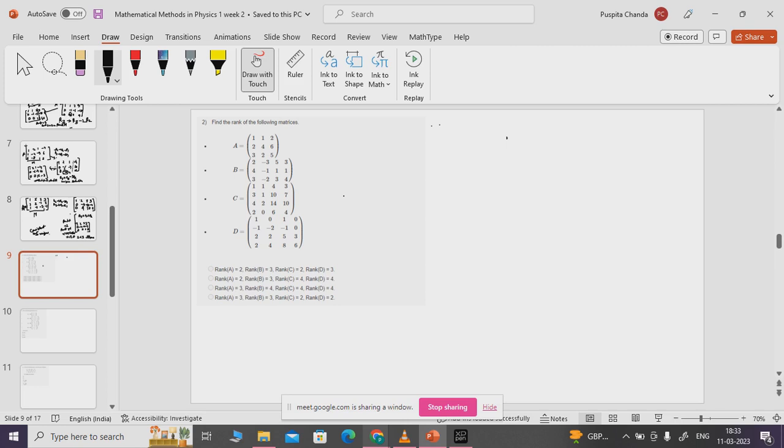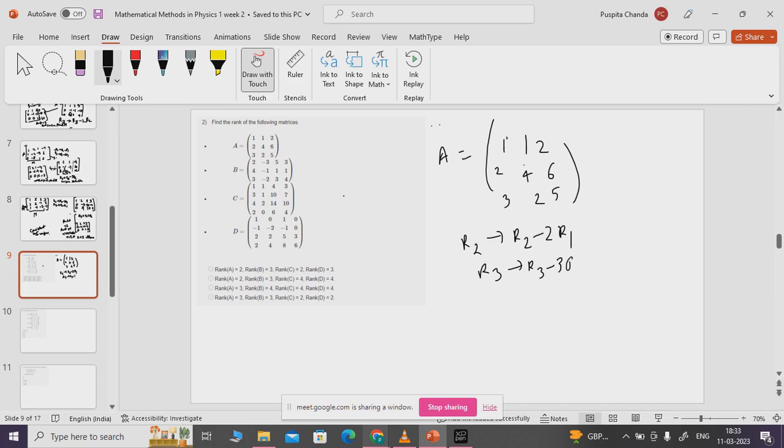Now find the rank of the following matrices. This is straightforward. A is equal to 1 1 2, 2 4 6 and 3 2 5. First set of commands is R2 minus 2 into R1.